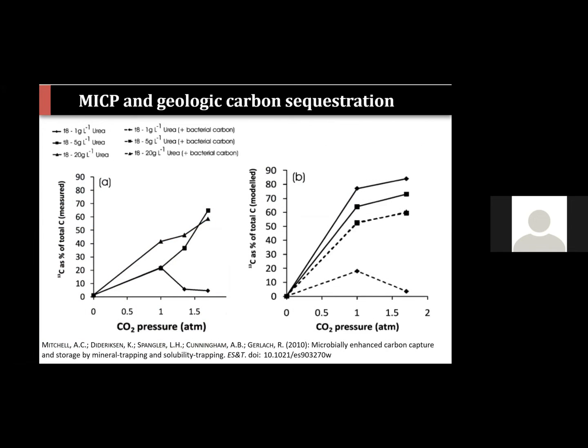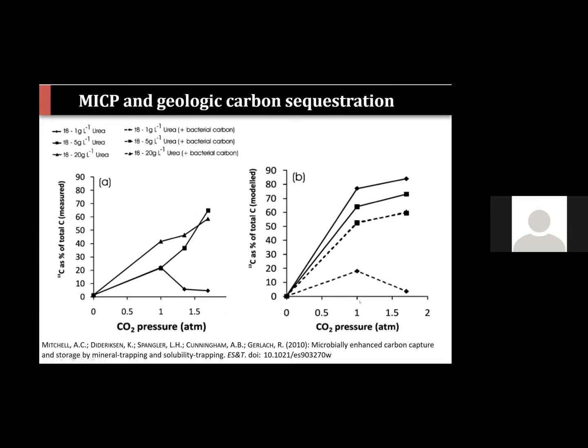Now, some of the early work here was looking at how ureolysis-based carbonate precipitation may actually co-precipitate gaseous CO2. So here we've performed some microcosm experiments with 99% 13C CO2 as a way of trying to distinguish between urea-based carbonate and CO2-based carbonate in the headspace, really to look at how we get transfer from the gas phase through to the mineral phase.